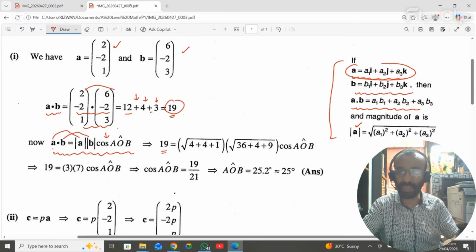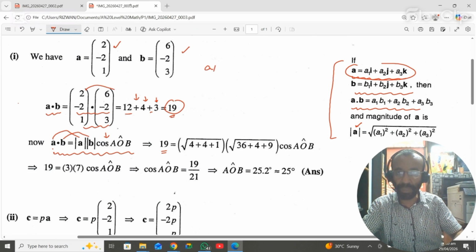So here is 19, and a's magnitude will be: 2 squared is 4, -2 squared is also 4, and 1 squared is 1. So 4 plus 4 is 8, plus 1 is 9. Now b's magnitude is 36 plus 4 plus 9, whole square root.